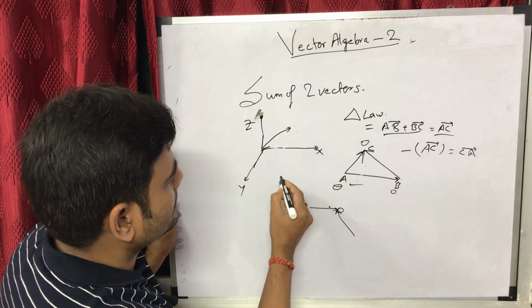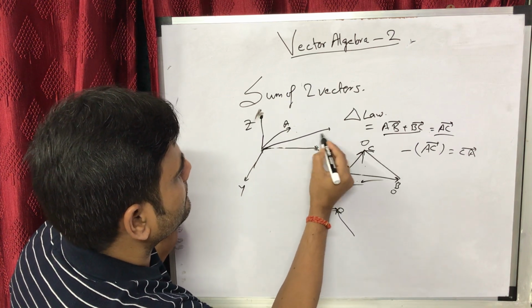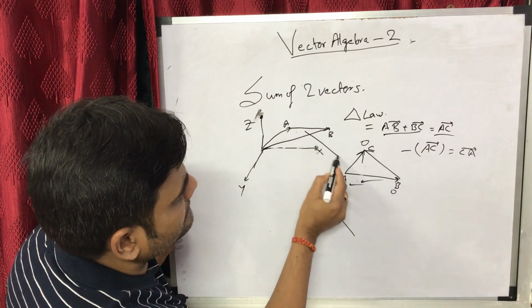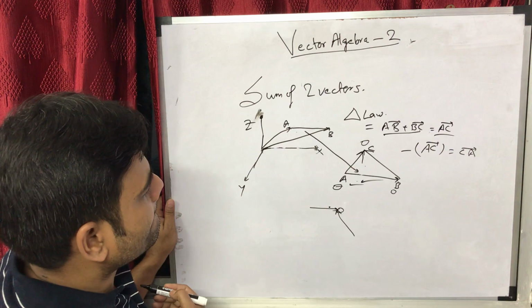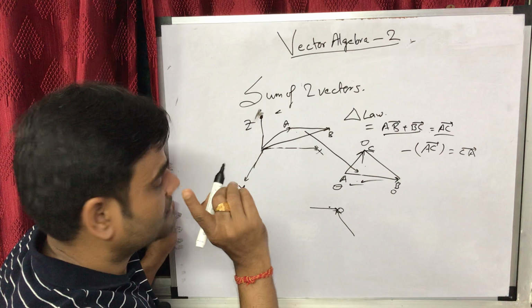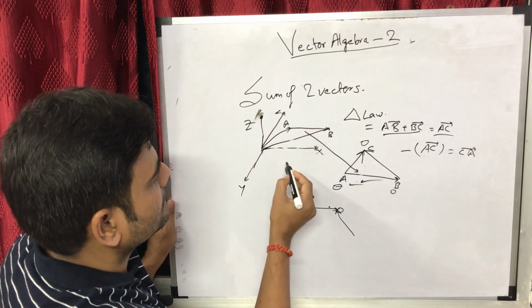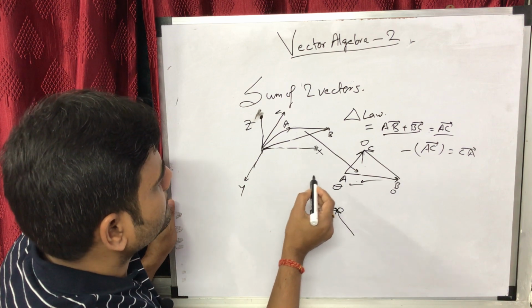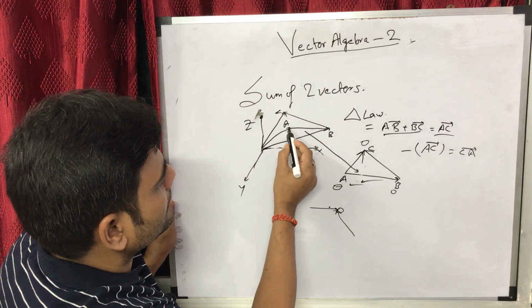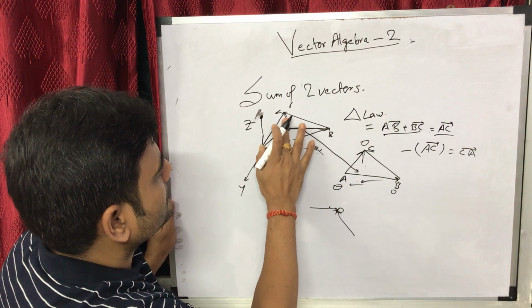If this is the vector AB, so if this is A, then this is B, and there is a point C somewhere here. 3D, this is not 2D, please remember that. And there is a BC. So AB plus BC equals AC. I messed up a little.